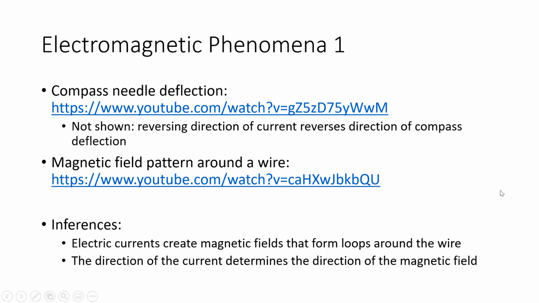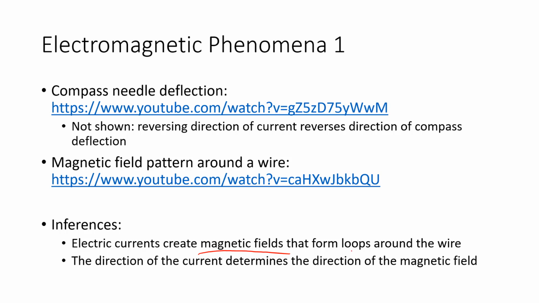Okay, so these two phenomena show essentially that when we have currents, those currents create magnetic fields. The first video shows the direction of the magnetic field, and shows the fact that that magnetic field appears and disappears when we turn on and off that current. The second one shows us the shape of that magnetic field.